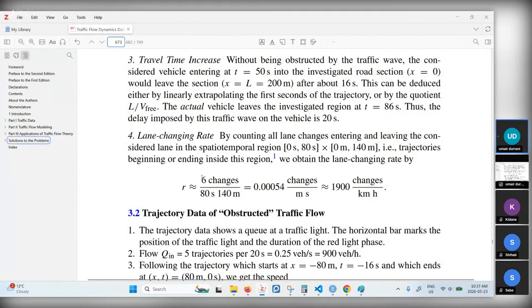Yeah, so 6 divided by 80 and 140 changes per meter seconds. And if we convert it into kilometer hour, that would be 1900 lane changes per the area of 1 kilometer into 1 hour.